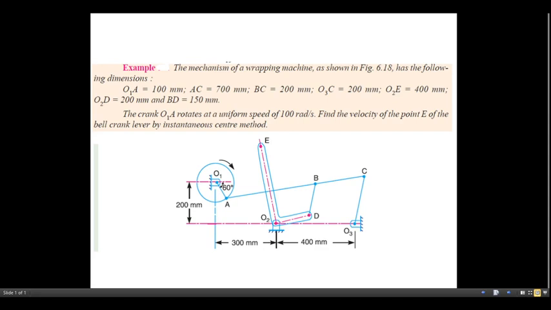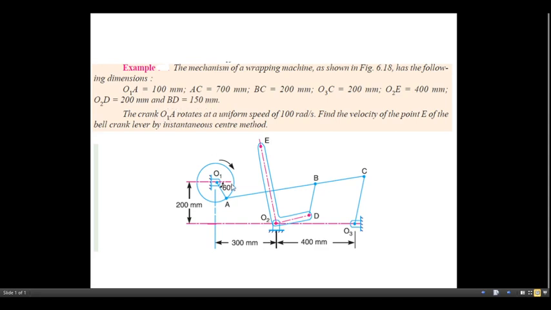So here is the problem. The mechanism of a wrapping machine as shown in this figure has the following dimensions. O1A equals 100 mm, AC equals 700 mm, BC equals 200 mm, O3C equals 200 mm, O2E equals 400 mm, O2D equals 200 mm, and BD equals 150 mm.